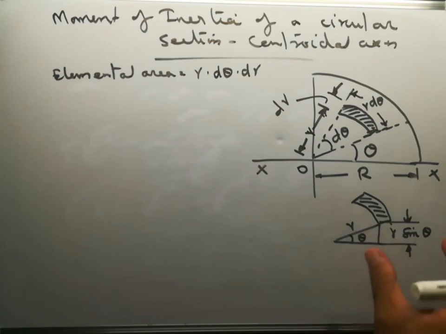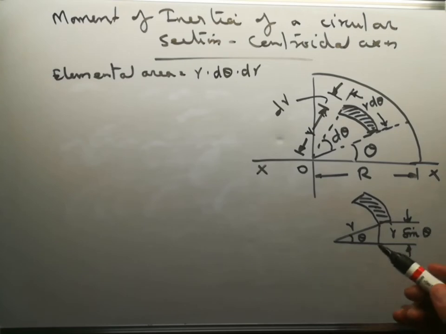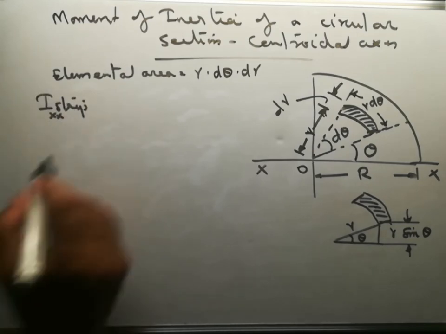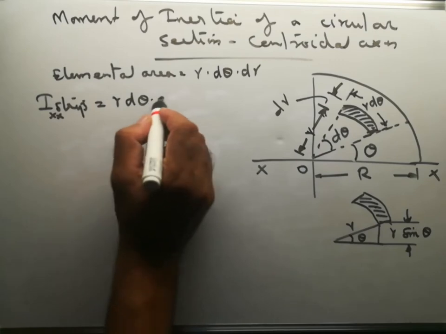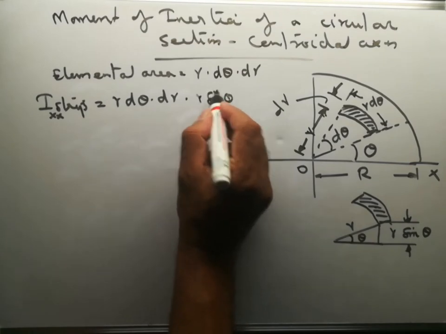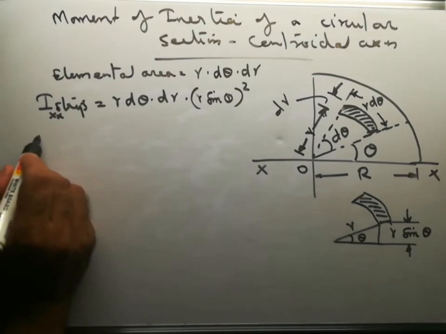So the moment of inertia of this area about the xx axis will be Ixx of strip is equal to area, that is r d theta into dr, into the square of the distance, r sin theta squared. Isn't it?